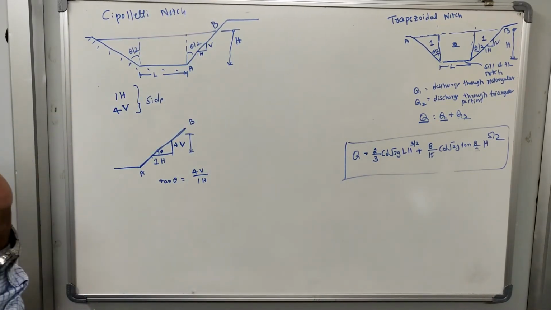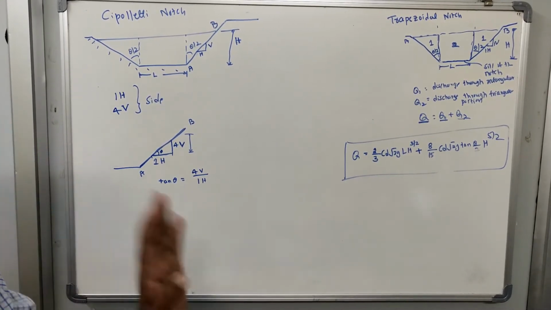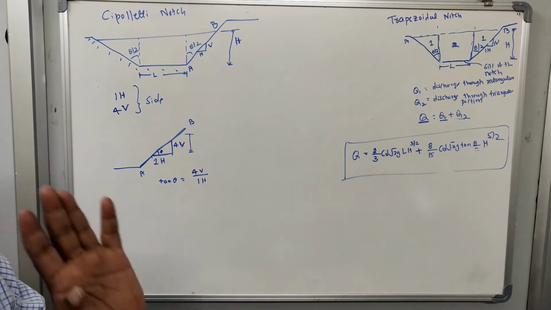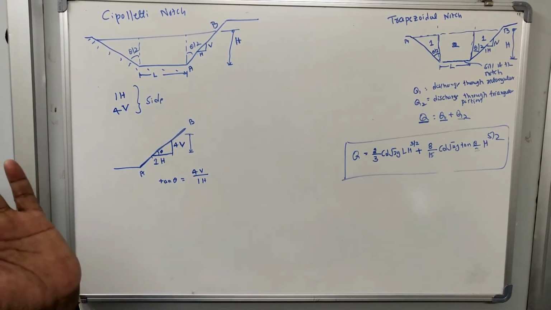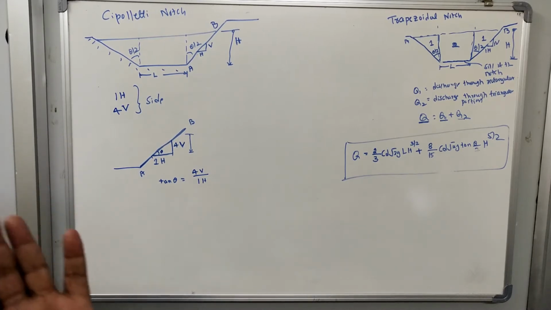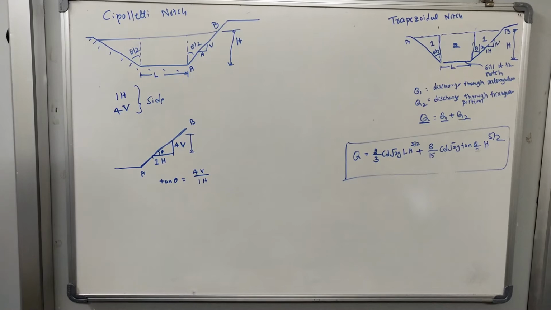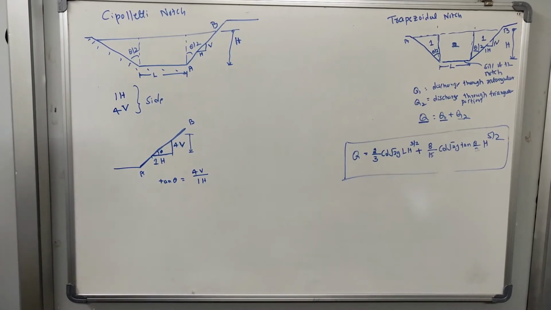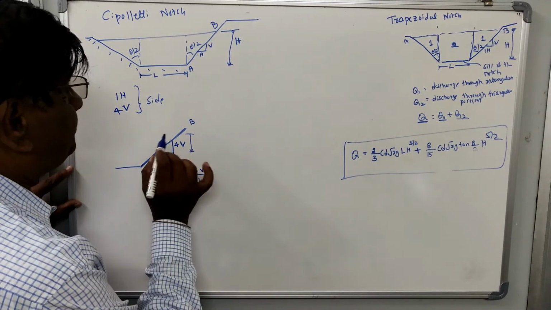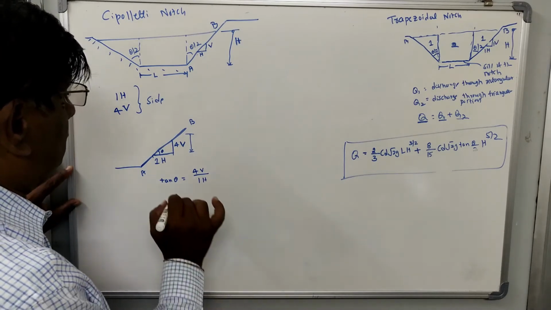So the trapezoidal notch is going to be called a Cipolletti notch if the side slopes of the trapezoidal channel are one horizontal to four vertical.